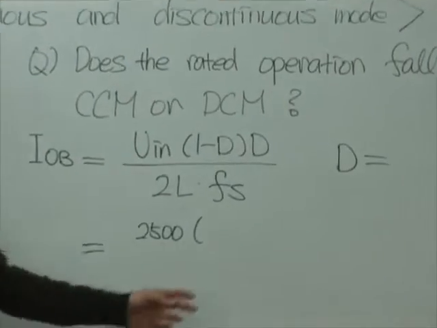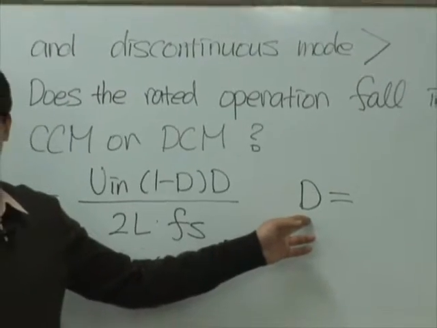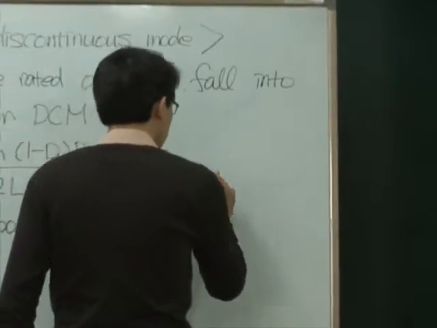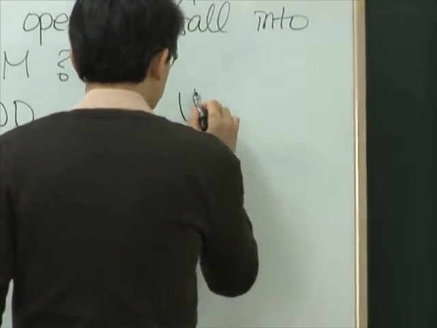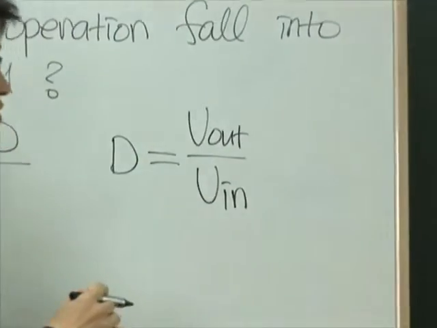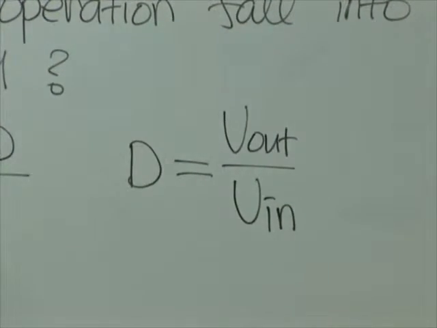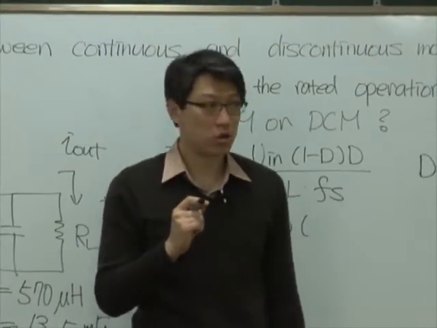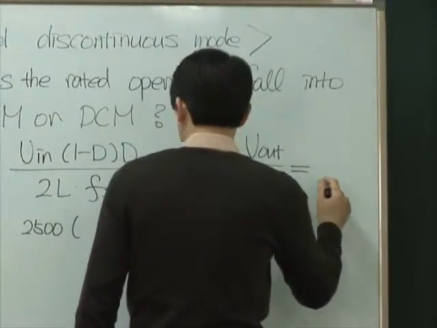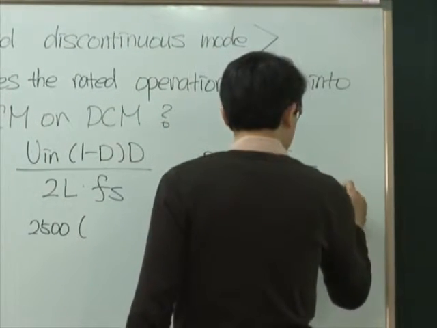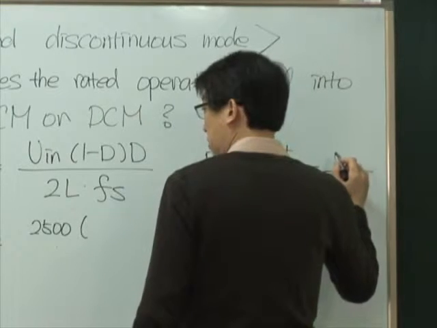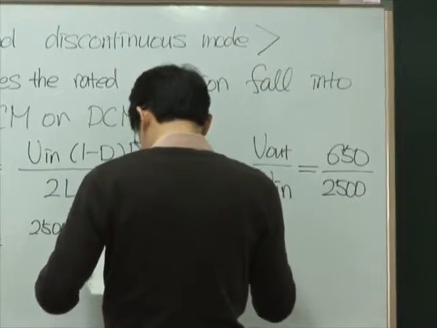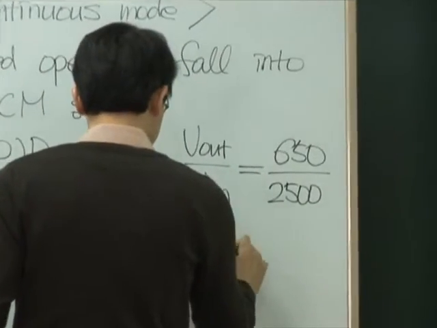How can we determine D? V 인풋분의 V 아웃풋이죠. 자, 바운드리 모드에서 discontinuous 모드에서는 식이 좀 약간 달라지죠. 하지만 우리는 바운드리 모드이기 때문에 continuous conduction 모드 식을 쓸 수가 있죠. 그래서 인풋이 2500V 분의 650V. 그러면 that's equal to 0.26.